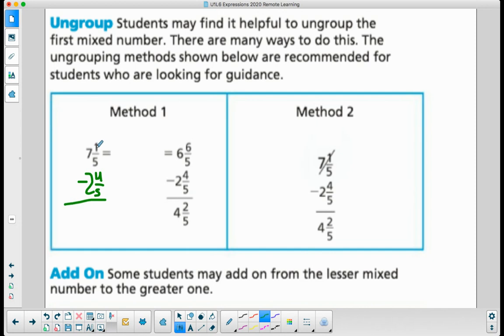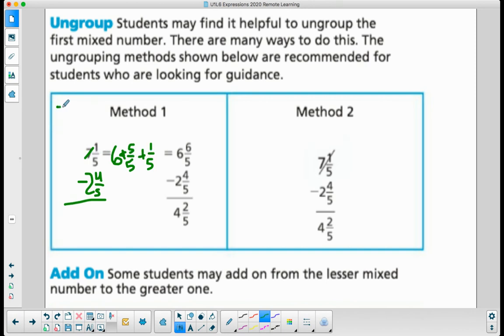So if I ungroup one of my wholes, I now have 6 wholes. That one whole is going to give me how many fifths? Well, 5/5 are a whole. And I had another 1/5 right here. So what I did is change 7 and 1/5 to 6 plus 5/5 plus 1/5.